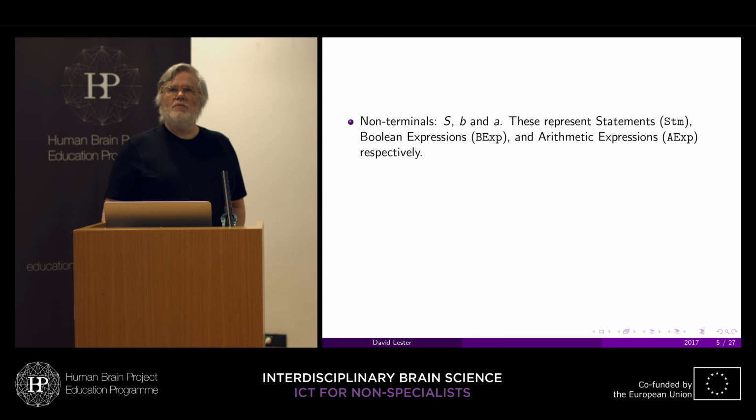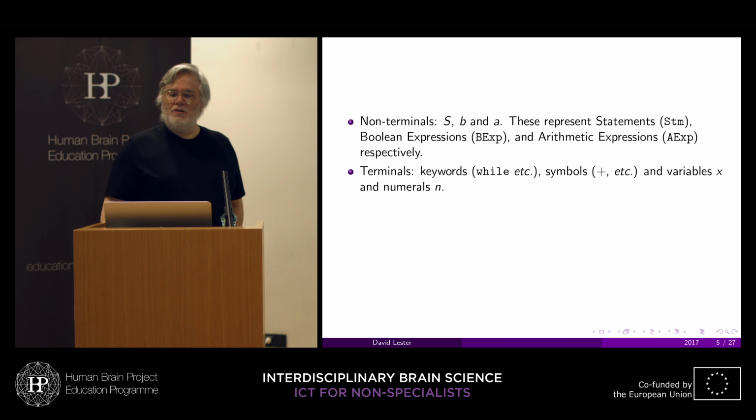So the non-terminals here, if you want a little analysis of grammar, the non-terminals are the things that can expand up into other things. They're capital S, little b, little a, and they represent statements, Boolean expressions, and arithmetic expressions, respectively. There are certain terminals, that's fixed things, which are the keywords and symbols such as plus, and the variables and the numerals.